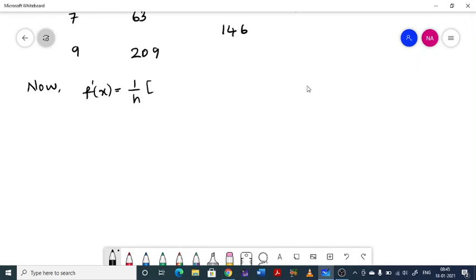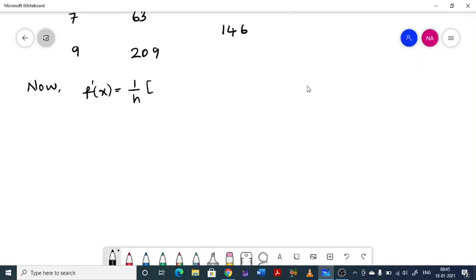Since I want to find f dash of x, then equate that to 0, you get some values. Then I have to check the value of the function at those values, how the function behaves at that point, whether it is positive or negative. If the function is positive at that point, then it has local minimum. If the function is negative, it has maximum or local maximum. So first I need to find f dash of x.